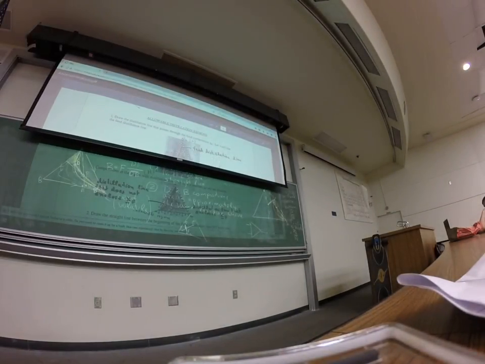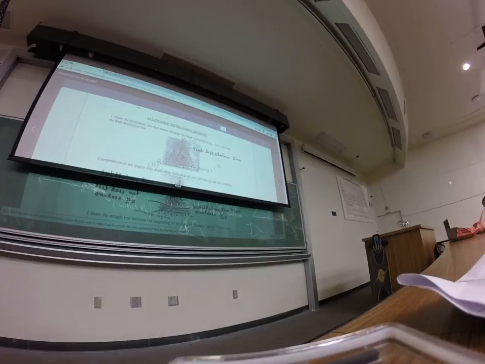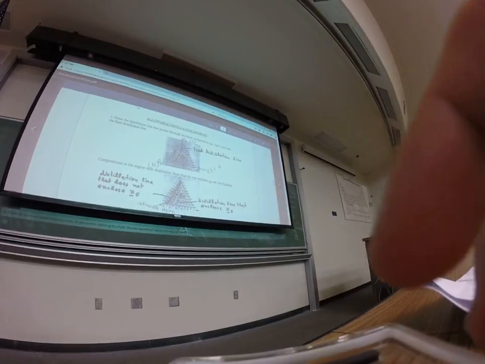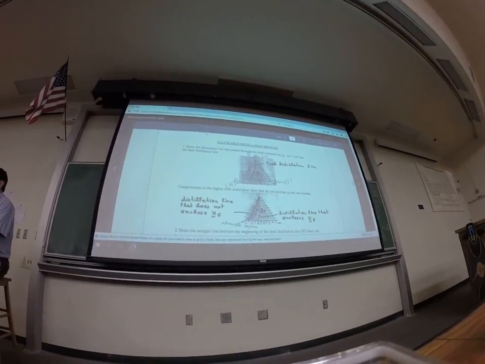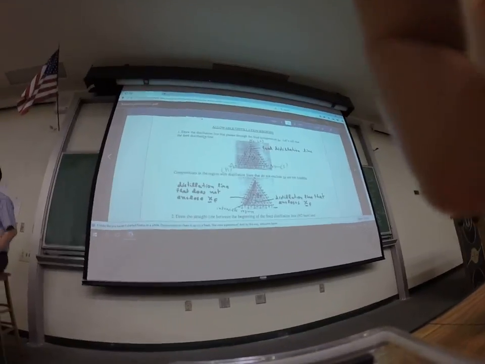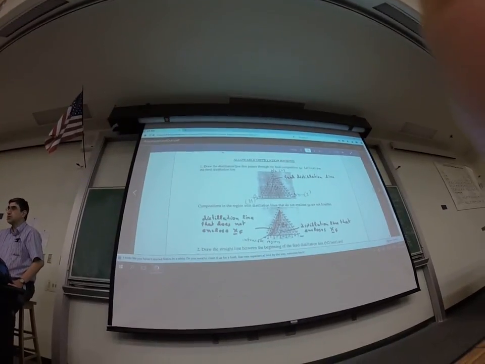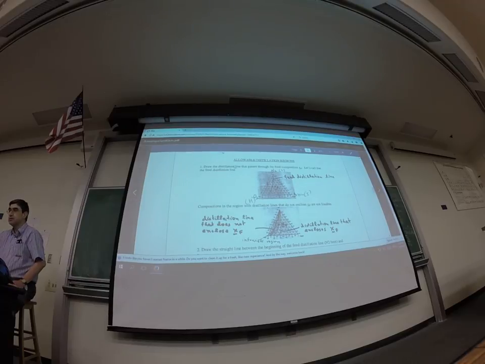So here is a summary of what we discussed. So one, I said distillation line, I should have said residue line. So change distillation line to residue line. So number one, draw the residue line that passes through the feed composition.